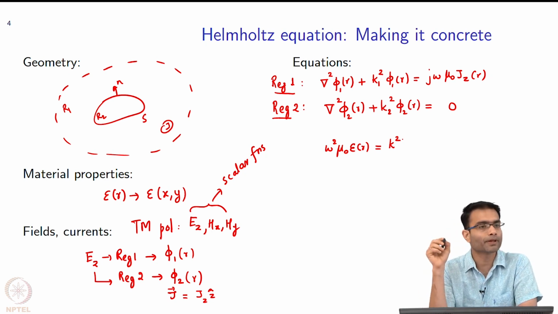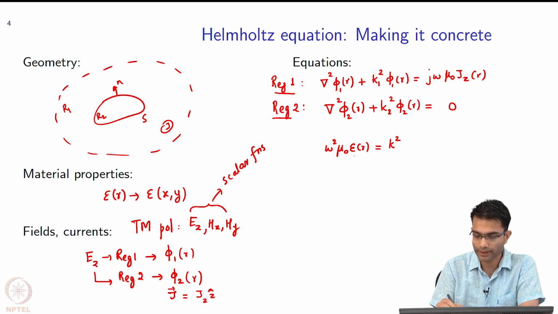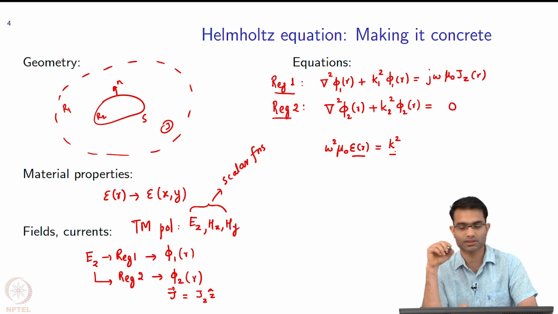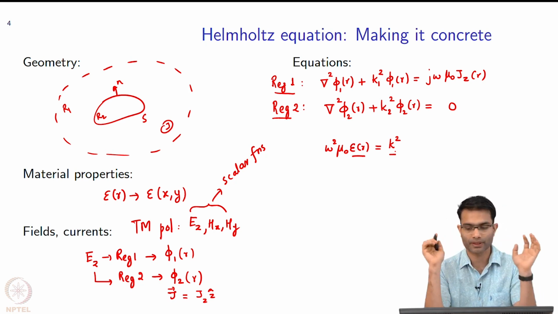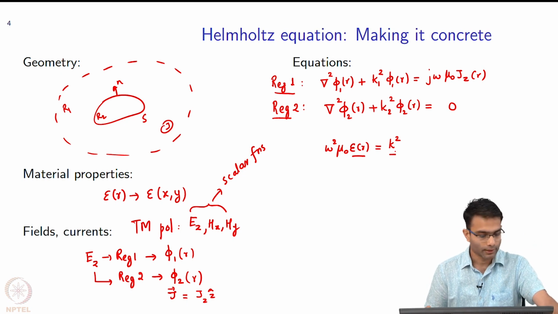K may or may not be a function of space, but if epsilon is a function of space, then k will also be a function of space. I am just trying to reduce all the extra variables and condense them into one variable, so that it is easy to see. Alright, so these are the two equations that we have got.